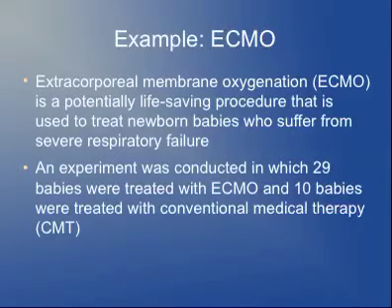So this was a study where there were 29 babies treated with ECMO and 10 babies treated with conventional medical therapy. The expected count sizes were small because these respiratory conditions are not very common, so the sample size was somewhat limited.